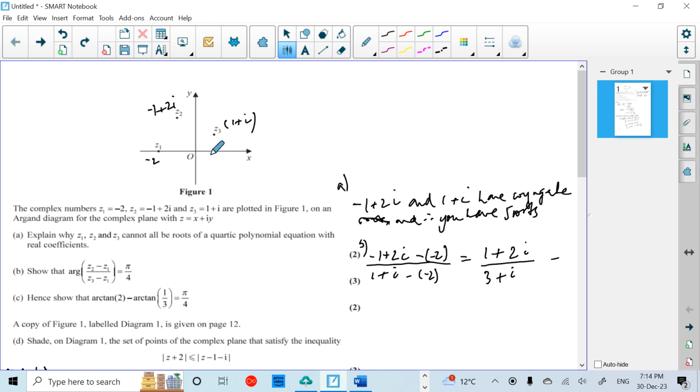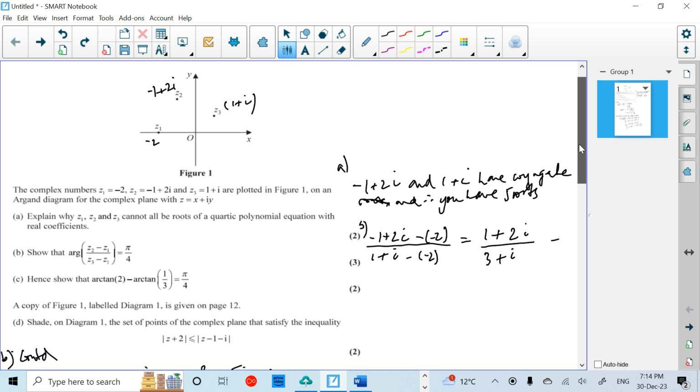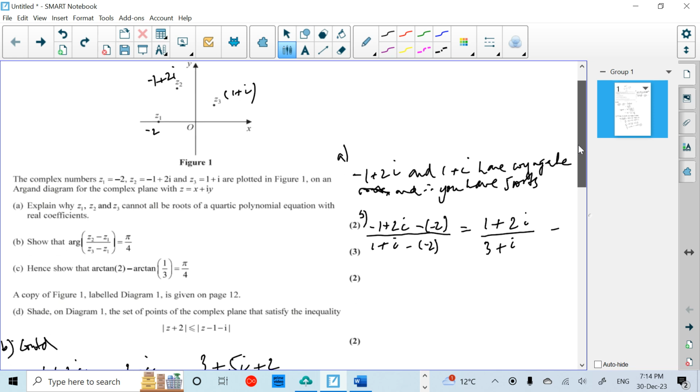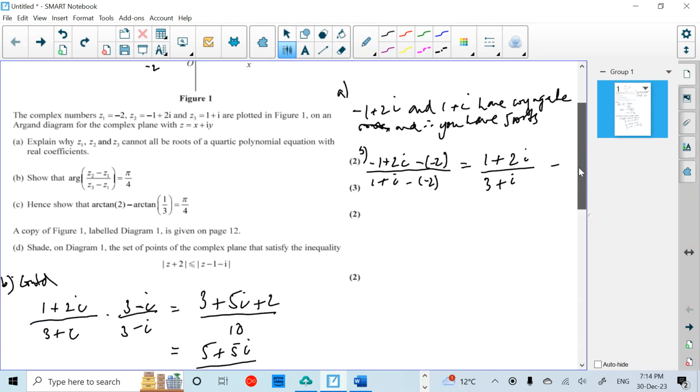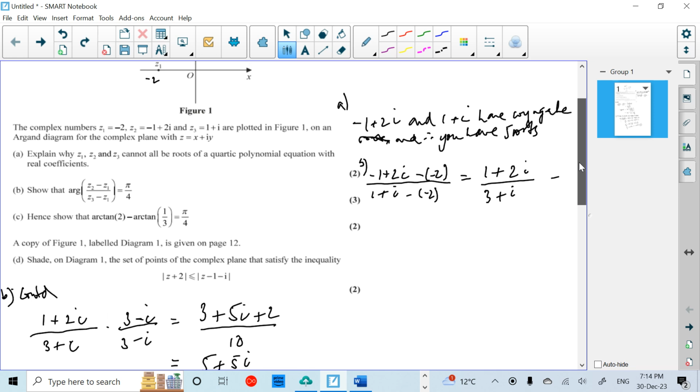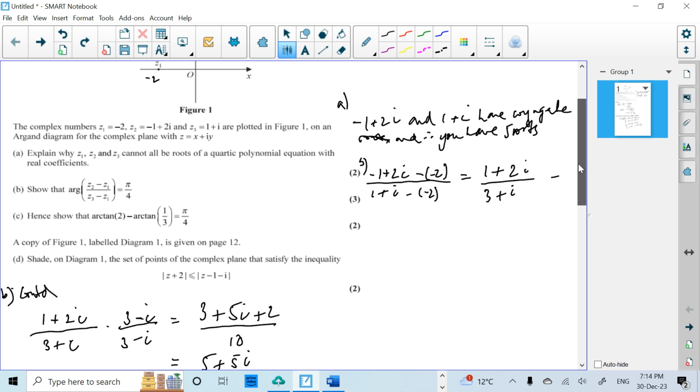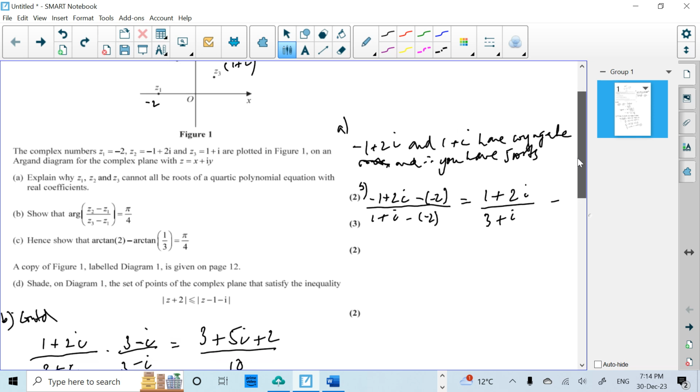Now, if we find part D, it says shade on diagram 1 the set of points of the complex plane that satisfy the inequality.